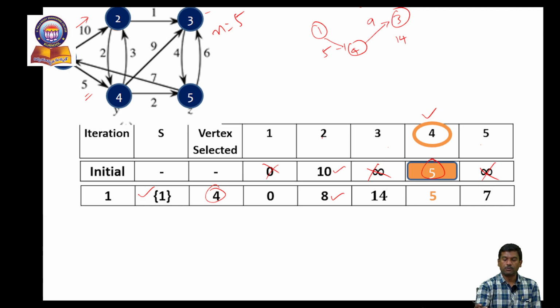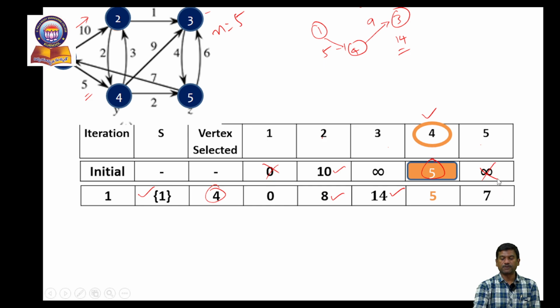So how about the previous value of the distance of 3? Previous value of the distance of 3 is equal to infinity. And what is the distance which has been updated? That is 14. If it is minimum, then include. So 14 has been included. So distance of 3 will be equal to 14. And you should not take 4 because it is already in the vertex selected state.